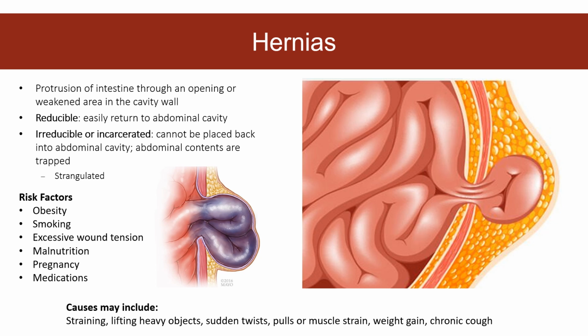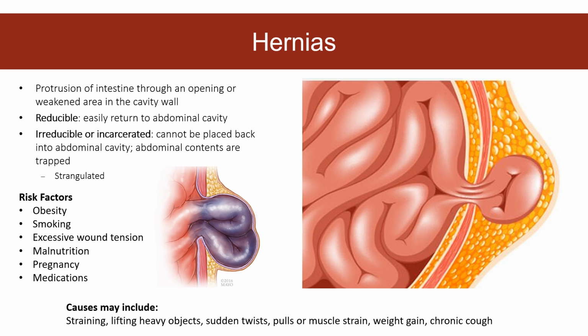Next are hernias. So hernias are protrusion of intestine through an opening or weakened area in the cavity wall. So you can see that pictured here. So there's two main types, reducible and irreducible. So the reducible types, you can push it back into the abdominal cavity, no problem.